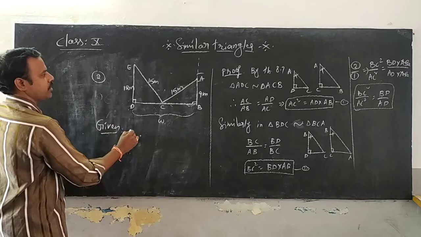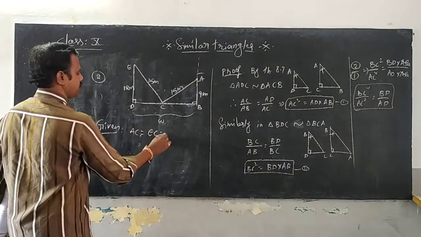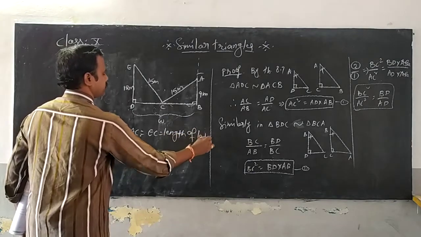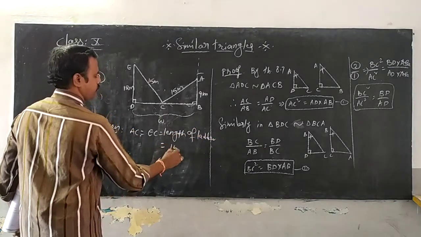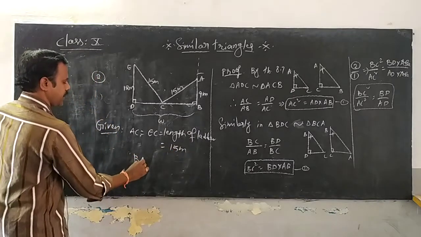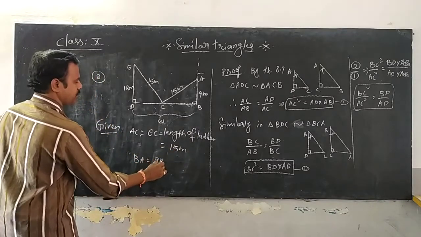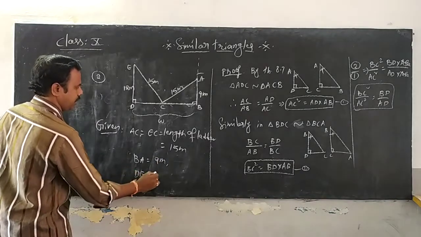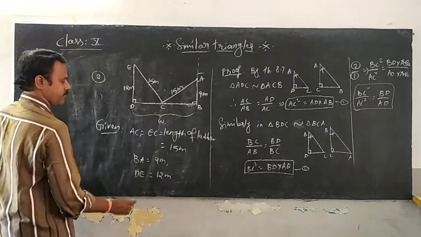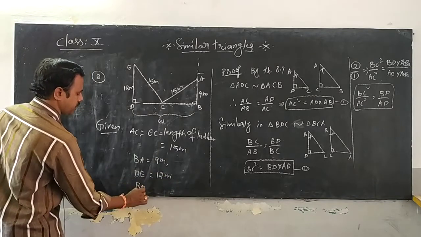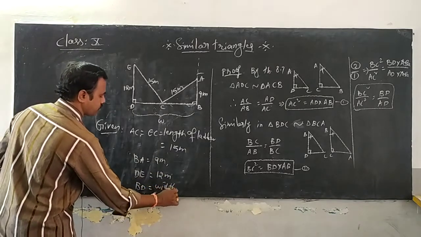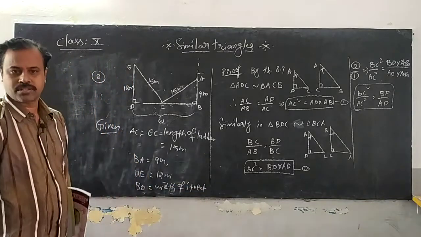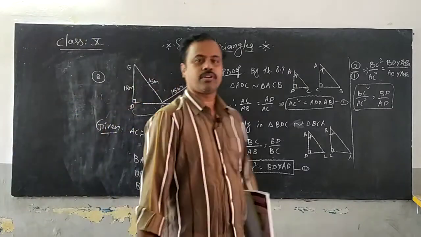Given AC is equal to EC is equal to length of ladder is equal to 15 meters, BA is equal to 9 meters and DE is equal to 12 meters. Now BD is equal to width of the street.